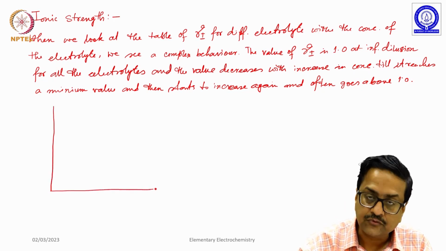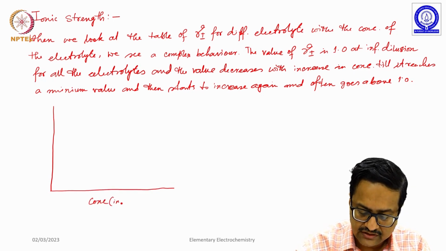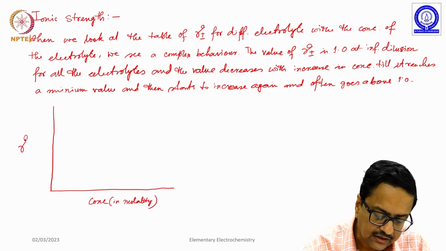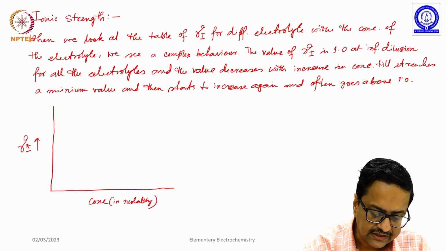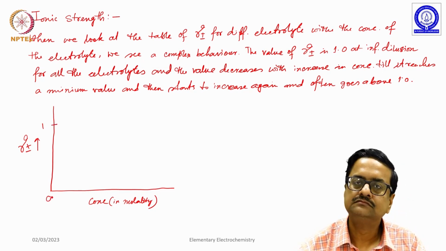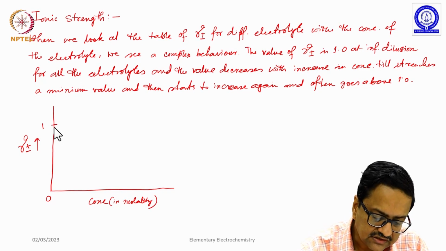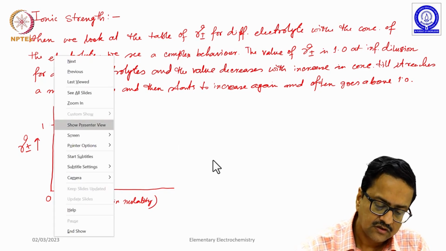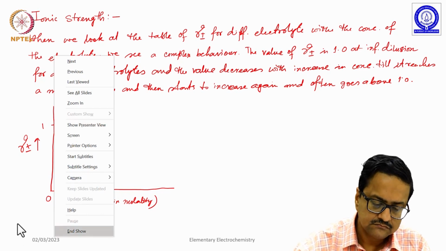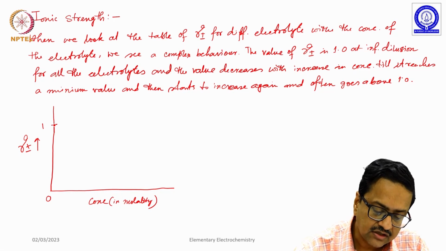a plot like this, what I am going to draw here. Concentration in molality versus gamma plus minus on the y axis with a value of 1 for a concentration 0. So, what we see for solutions like HCl is like this.